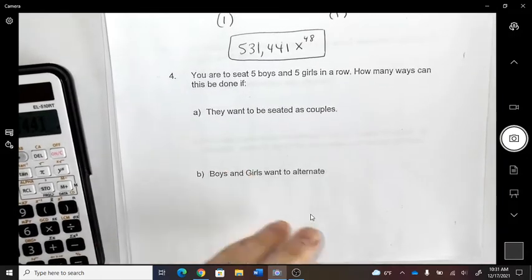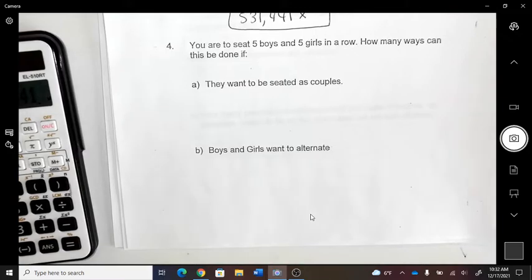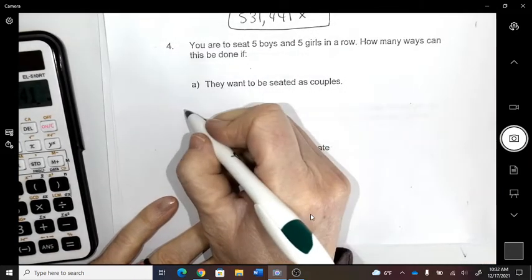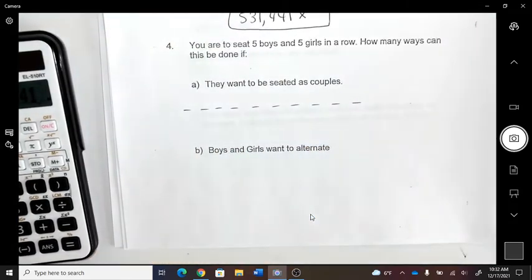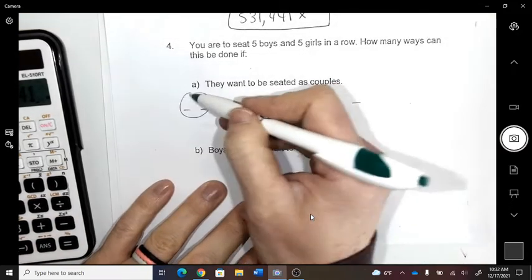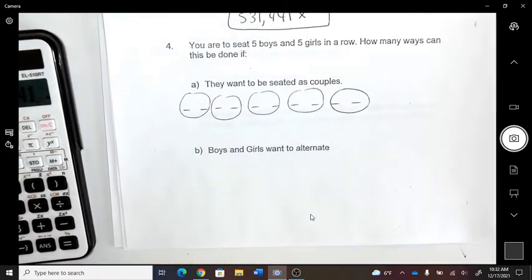Okay, number 4. You're going to seat 5 boys, 5 girls in a row. How many ways can this be done if they want to A, sit as couples? Okay, so there's my 10 people. They want to sit together as couples. So I'm going to circle them together like that.